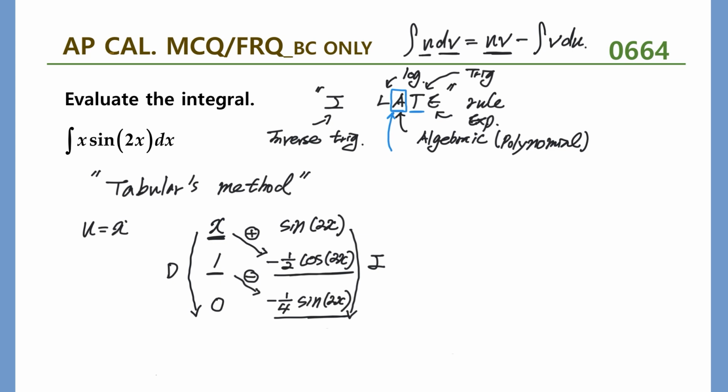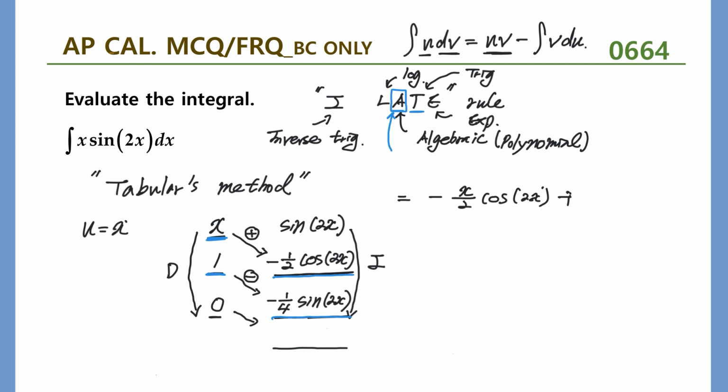The next one is positive, right? But next one, we don't have to do that because we have a 0, right? 0 times whatever term right here is going to be 0, right? So our answer is equal to x times negative 1 over 2 cosine 2x with a positive. So that's going to be equal to negative x over 2 cosine 2x plus 1 times negative 1 over 4 sine 2x.